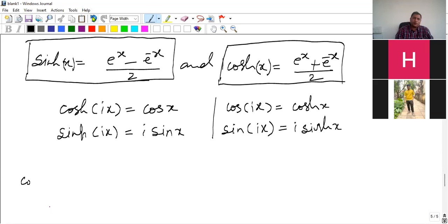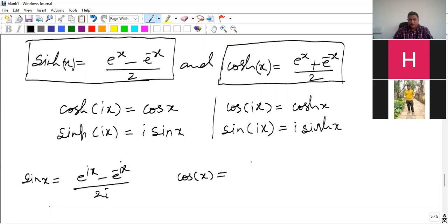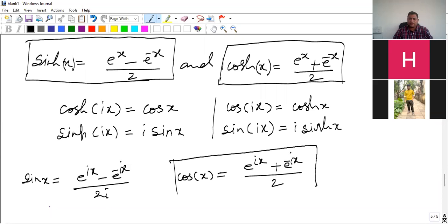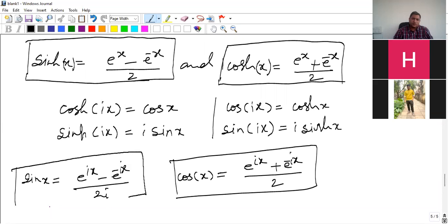What do we know about the trigonometric functions? sin x is equal to (e^(ix) minus e^(-ix)) by 2i, and cos x is equal to (e^(ix) plus e^(-ix)) by 2. This is the trigonometric function, and you can compare and see this relation holds.